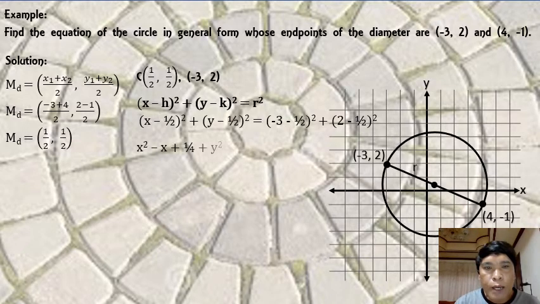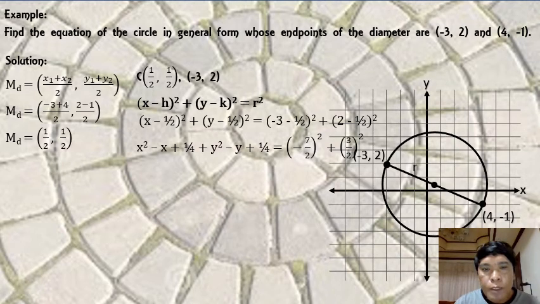Then simplify. So expand natin ito. That is x squared minus x plus 1/4 plus y squared minus y plus 1/4 equals negative 3 minus 1/2 is equal to negative 7 over 2 squared plus 2 minus 1/2 is 3 over 2 squared.